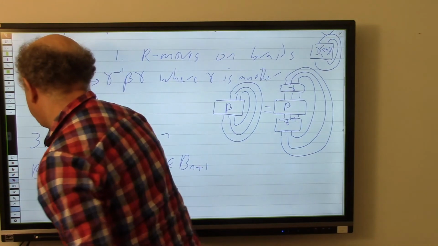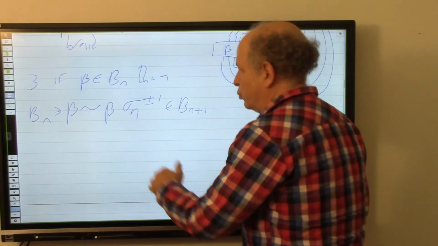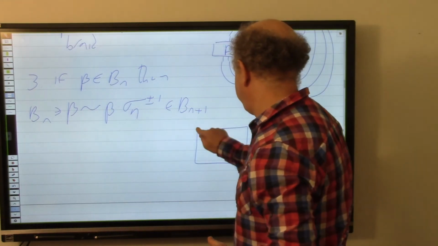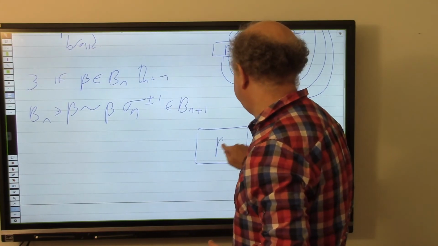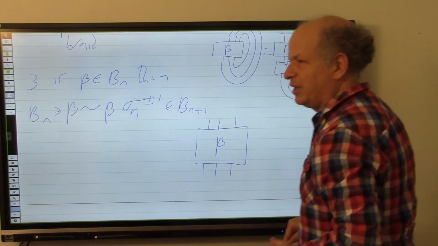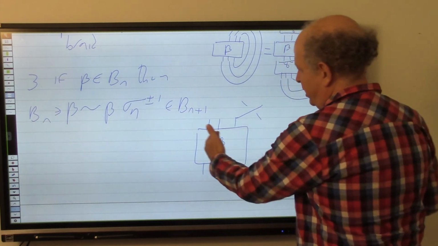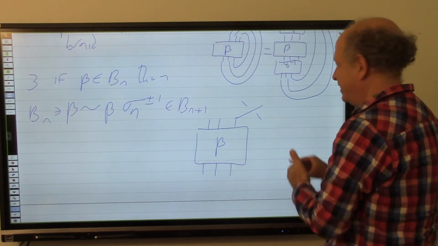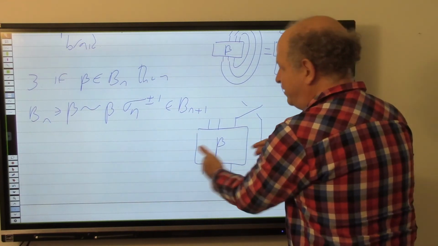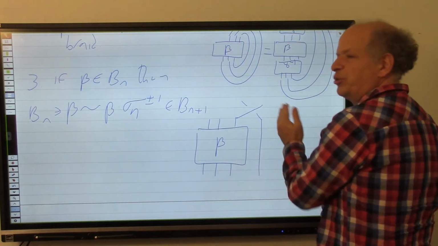Anyway, why is this relation true? Or why is it true that this relation is in the kernel of A? So, if this is the braid beta, so let's say n is equal to 3, and now I multiply by sigma n, so sigma n goes one step beyond, so really I'm adding one strand to beta and then multiplying by sigma n.